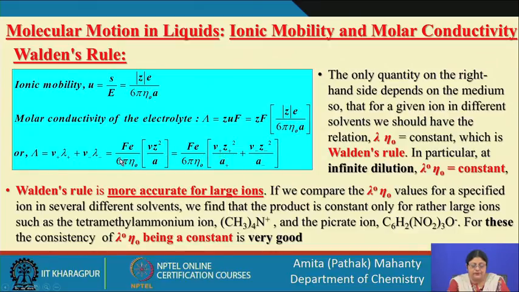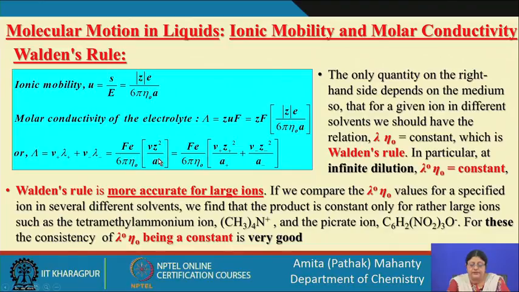If you have the contributions of the cation, then the number of moles of cations generated per formula unit of the electrolyte, into the charge square of the electrolyte, divided by the diameter of the anion. Similarly for the cation and for the anion, they can be separated out by virtue of this. The only thing we have seen is the square term of Z if you compare these two.